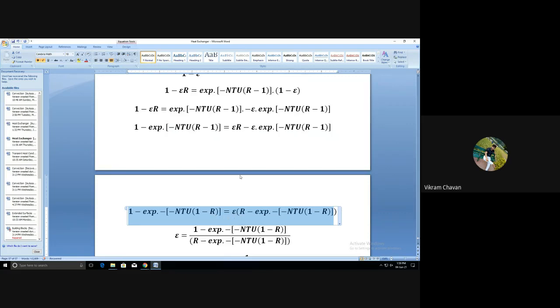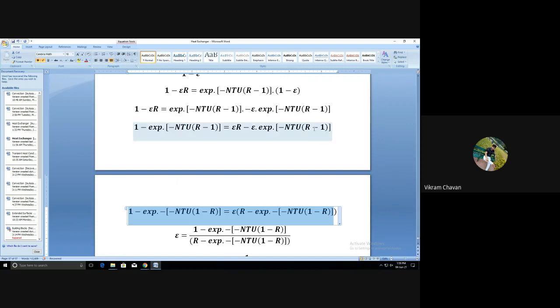Here also we have done the same. Here we have taken the effectiveness common out of the terms, and inside the bracket R minus exponential of minus, taking the minus sign common, [NTU (1 minus R)].